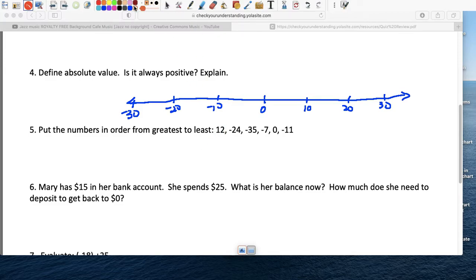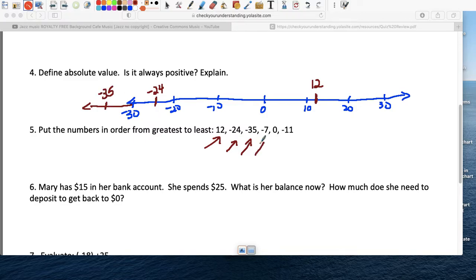Where is 12? 12 would be about here. Negative 24, so start from 0 and start counting. Negative 1, negative 2, negative 3, negative 10. You keep on going, negative 20, 21, 22, 23, 24. So negative 24 is about here. Negative 35, well, we were at negative 24, continue moving to the left, negative 30. Extend that number line, negative 31, 32, 33, 34, 35 would be about here.